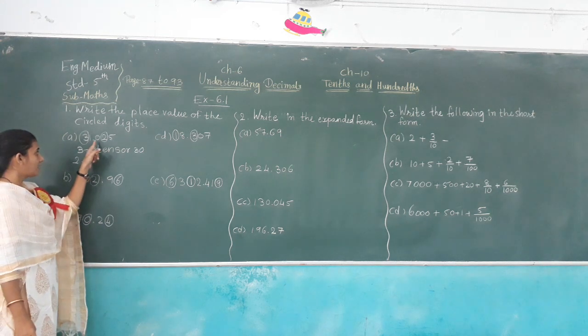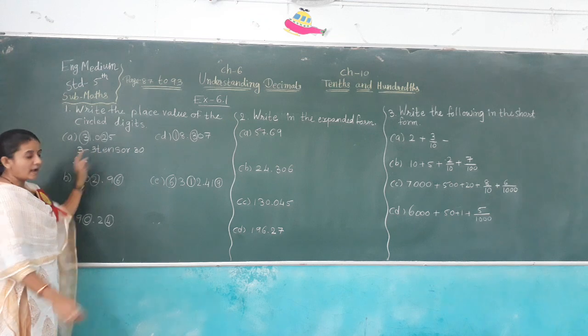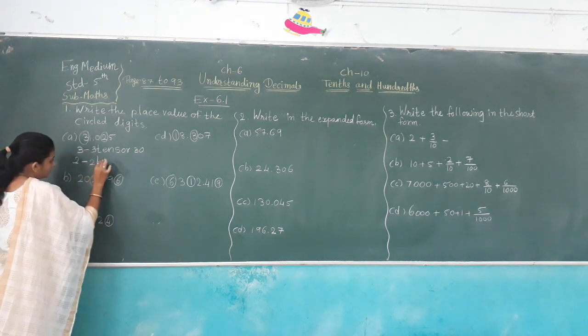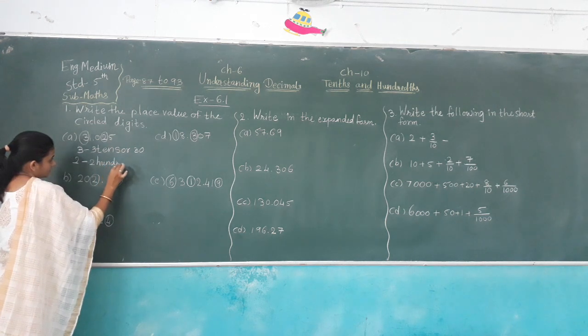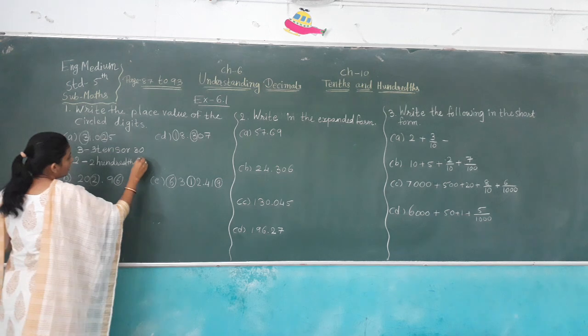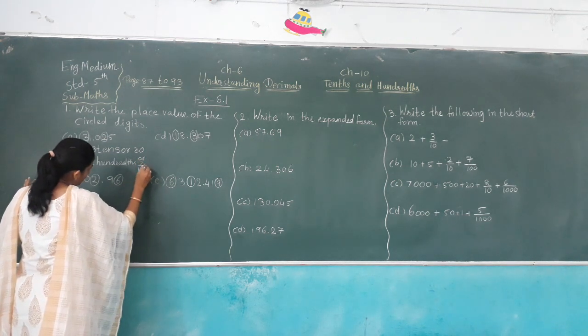after the point, tenths and hundredths. So 2 hundredths, or 2 out of 100.